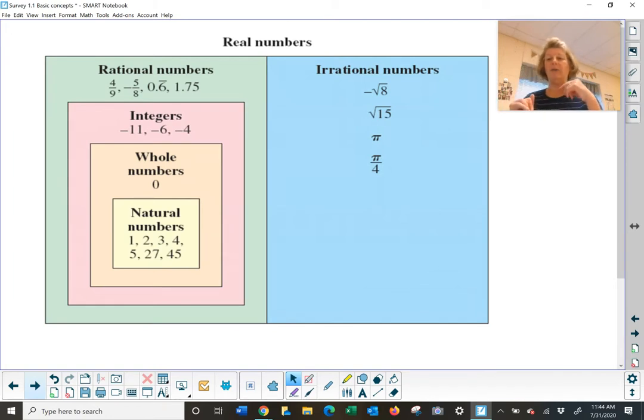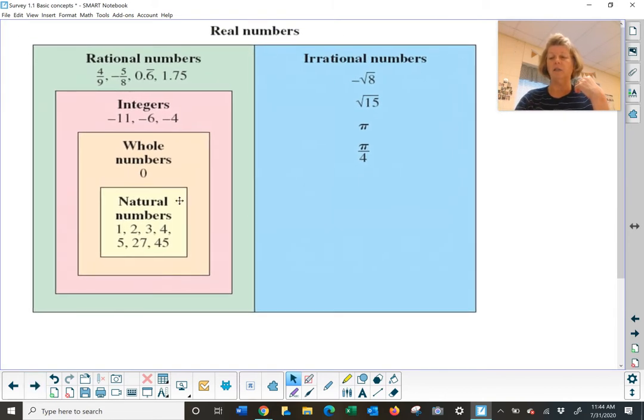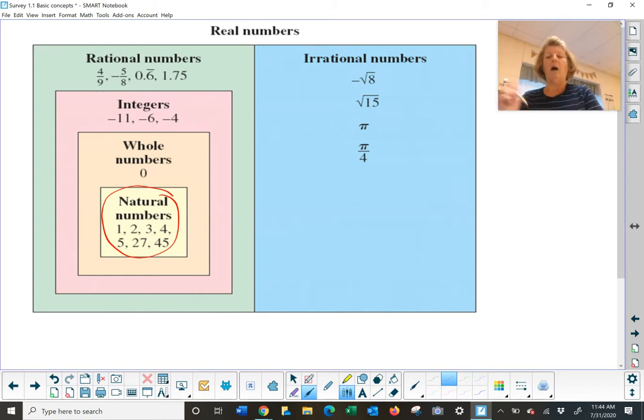And that Venn diagram displays to us that inner smallest group of numbers, the natural numbers, where we started counting at 1, 2, 3, 4, all the way up, and they gave you 27, 45, 99, all kinds of examples.